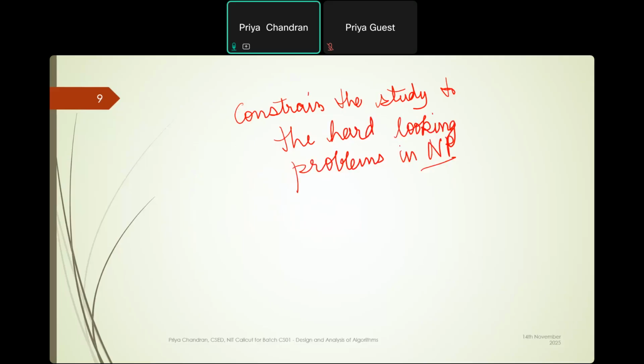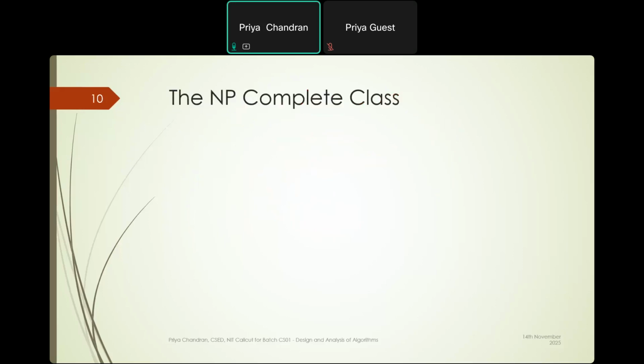So in order to avoid very hard problems or intractable problems, one comes up with another class of problems which is called the NP complete class. NP complete class means a problem is NP and it is NP hard. So then we rule out all the known intractable problems, because they are not NP. They won't have a non-deterministic derivation which is going to verify them in polynomial time. So we would be ruling out already known intractable problems.